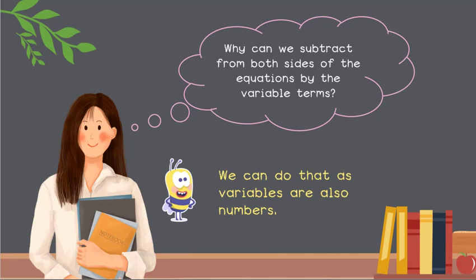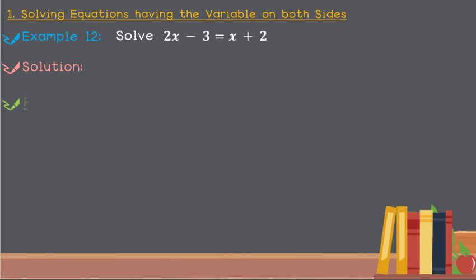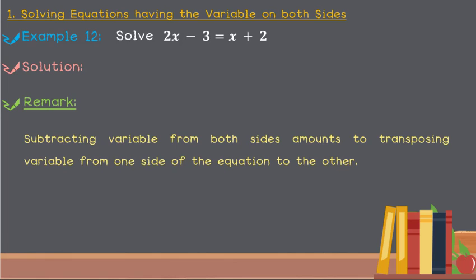Also note that subtracting x from both sides amounts to transposing x to the left hand side. So we have our remark. Subtracting a variable from both sides amounts to transposing the variable from one side of the equation to the other.